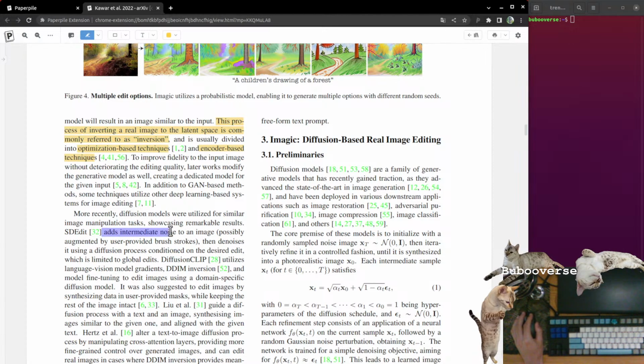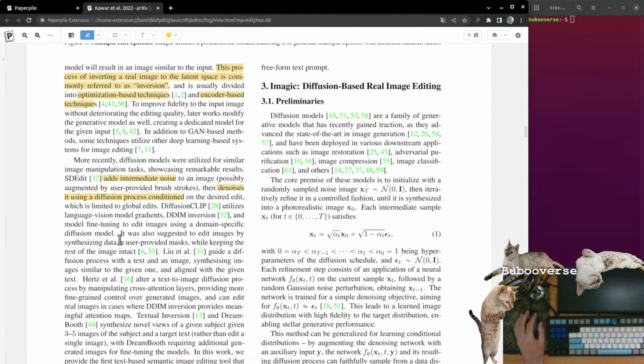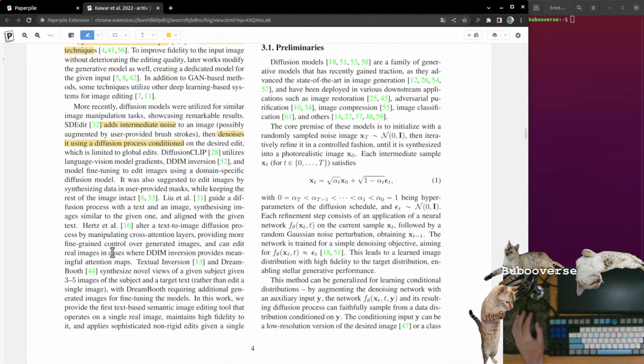You add noise when you train it, and then you denoise it with this diffusion process, and that's what the model's learning. It's learning to remove noise from images. Bunch of previous work here. Textual inversion, DreamBooth.